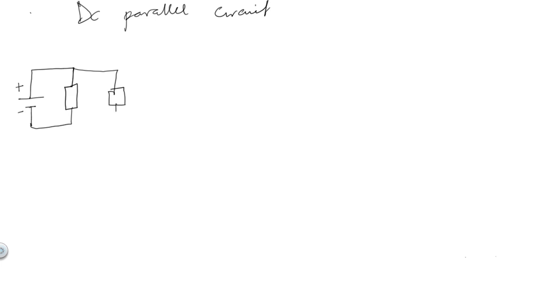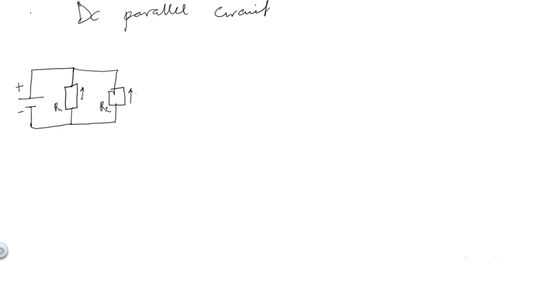Pardon my sketch. Alright, this is R1 and this is R2, where this is the direction of flow and this is as well the direction of flow of current in the circuit.